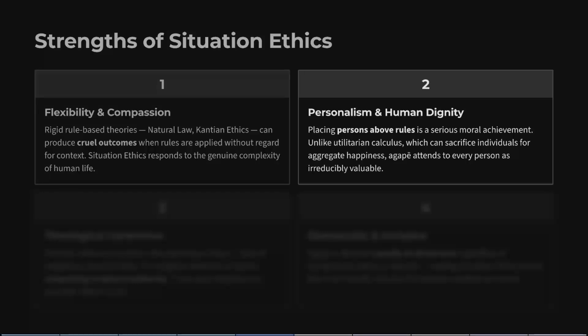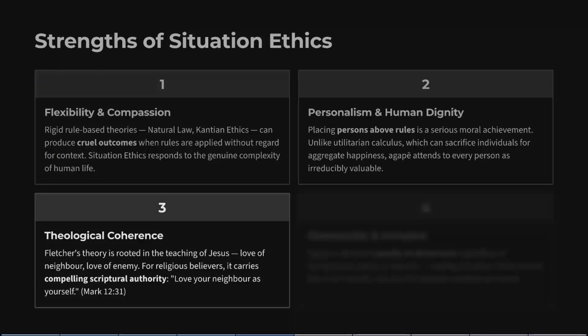Now, situation ethics directly answers this. Agapē attends to every person as irreducibly valuable. The individual in front of you is never a unit in a calculation. They are the reason the loving act matters at all. Placing persons above rules is not sentimentality, it is a serious philosophical advance.